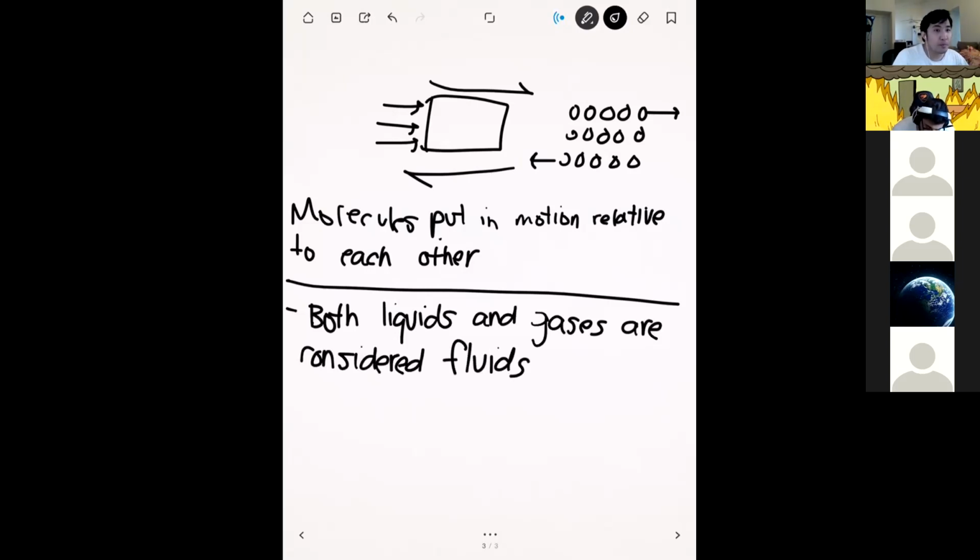If you think about it, both a liquid and a gas, if you expose it to some shear stress, we expect both of them to flow, right?